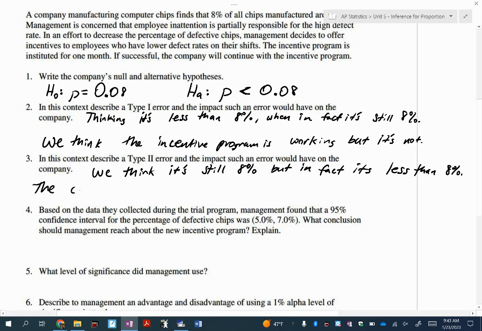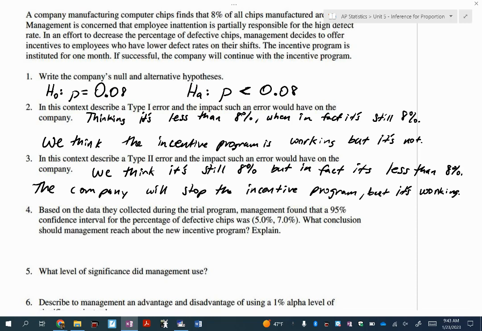All right, so the company will stop the program, I would assume, the incentive program. But it's working. So missing out on a chance to better their product. Essentially what's happening here. Any questions so far with the type 1 and the type 2?